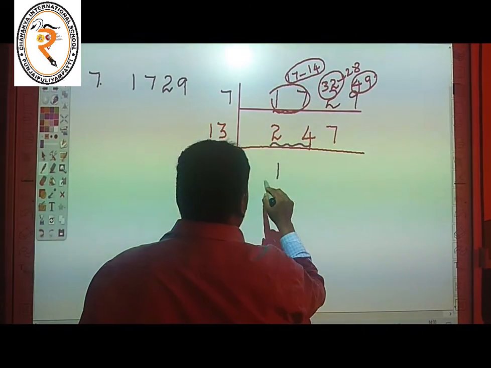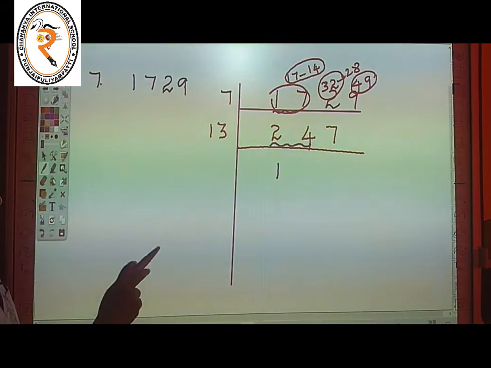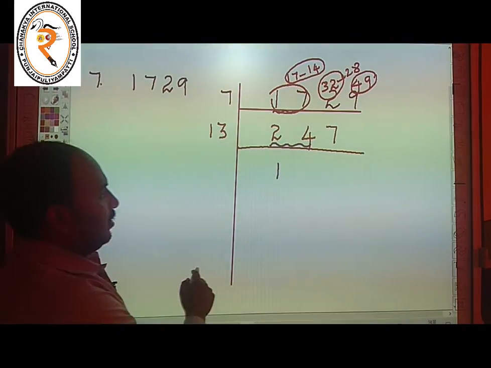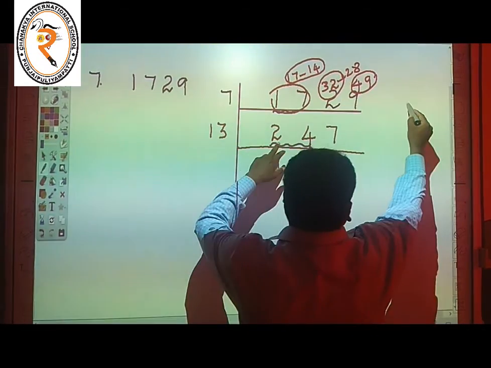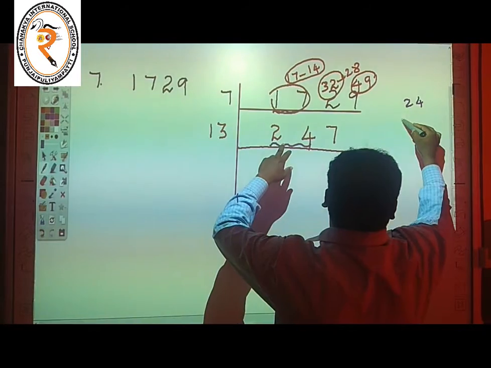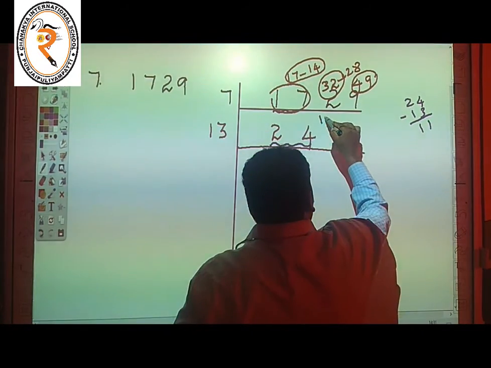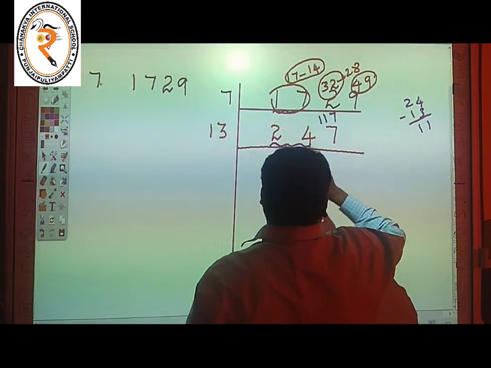One time only. So 1 into 13 is equal to 13. Remaining, 24 minus 13, that means 11.